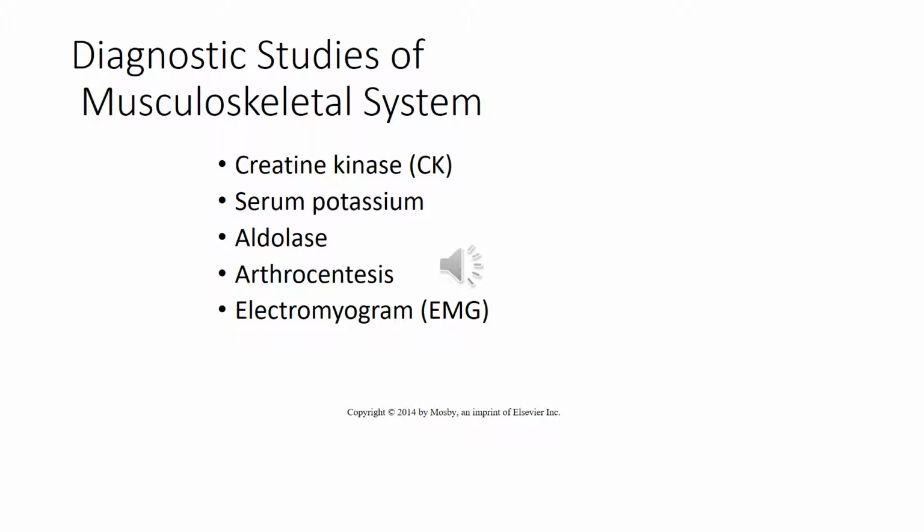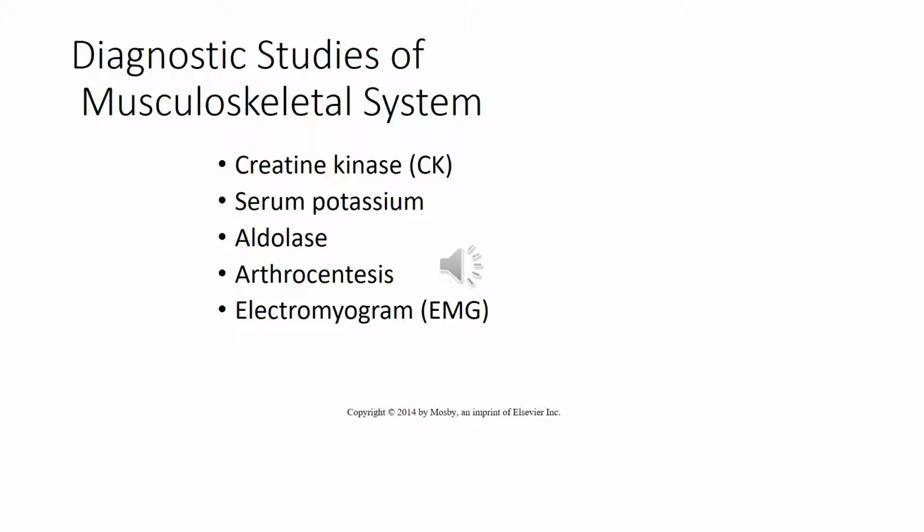Okay, I thought we were finished with those, but we are not. Here's some more. Creatine kinase, or CK. Highest concentration is found in skeletal muscle, but increased levels are found in progressive muscular dystrophy, polymyositis, and traumatic injuries.